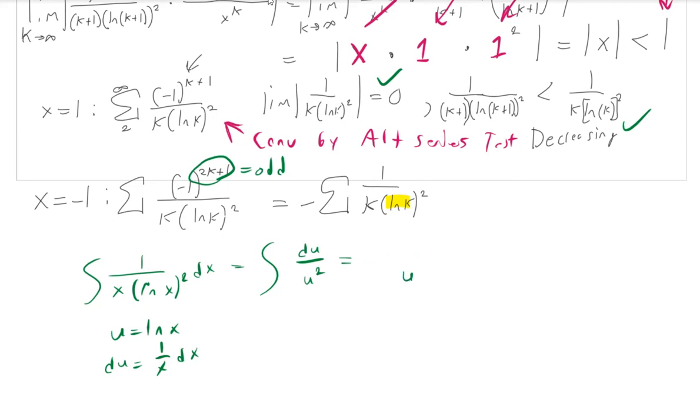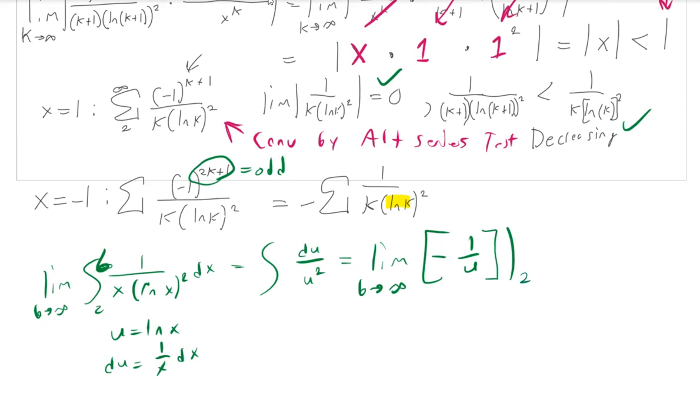Well, in this case, we have to have our limits here, so this is also the limit. In this case, it is from 2 to infinity. So if we call that b, then that's b going to infinity. And so we actually have the limit as b approaches infinity of the result of this, which is -1 over u from 2 to b.